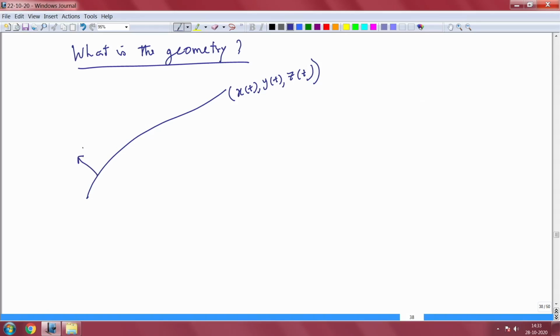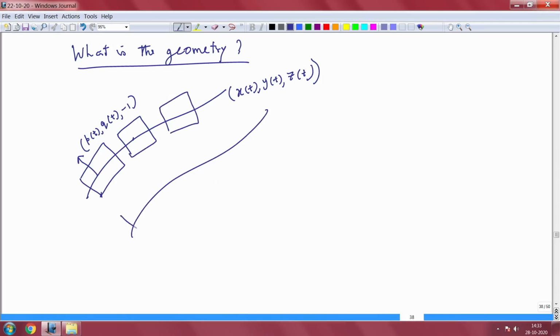So, you are not only solving the curve x(t), y(t), z(t), you are also solving the normal, which is equivalent to saying that you are actually solving the tangent plane. At each point you are solving for the tangent plane also.